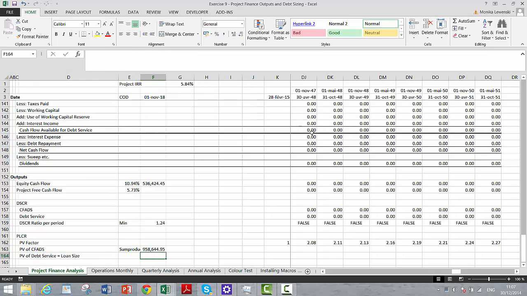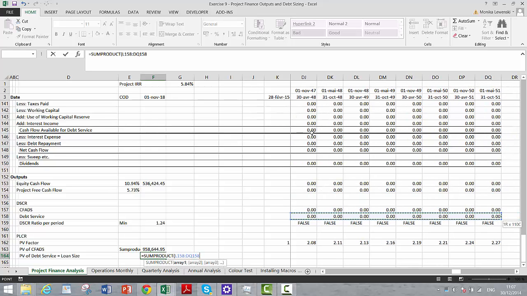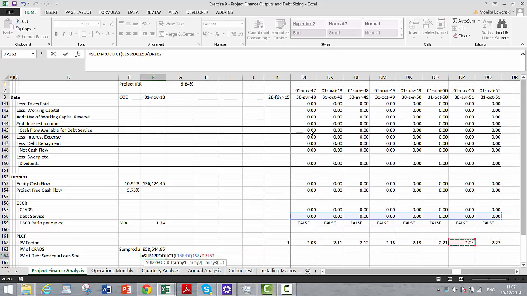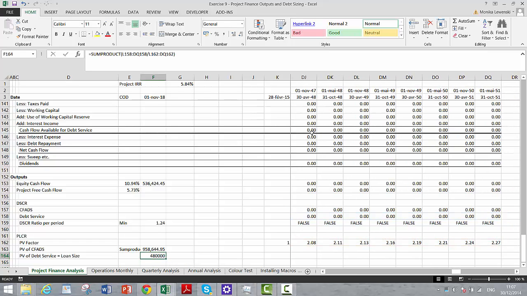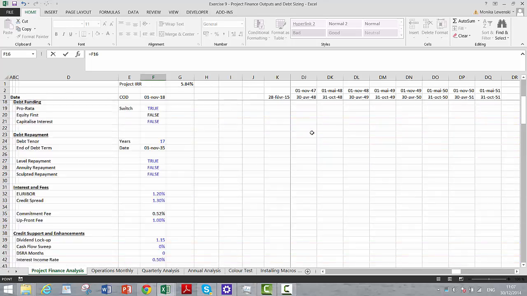Now we could do precisely the same thing by taking some product, and we can go to the debt service and take that number and divide that by the PV factor, and we get exactly the same debt that we input. Did you see that? So instead of doing that, why don't we just get the total amount of debt?